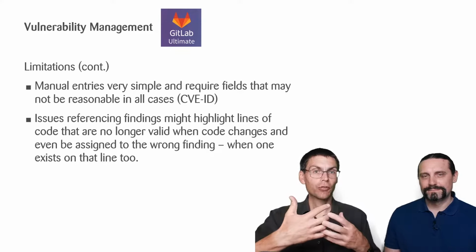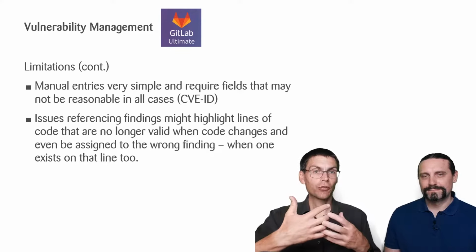So enough from the theory part. Let's have a concrete look at how this looks in GitLab. Cool, let's do that. So we are back in the source code. We see here our repository, and what we are going to do is we go under security and compliance to vulnerability report. As we can see, the vulnerability report has been generated on the default branch.